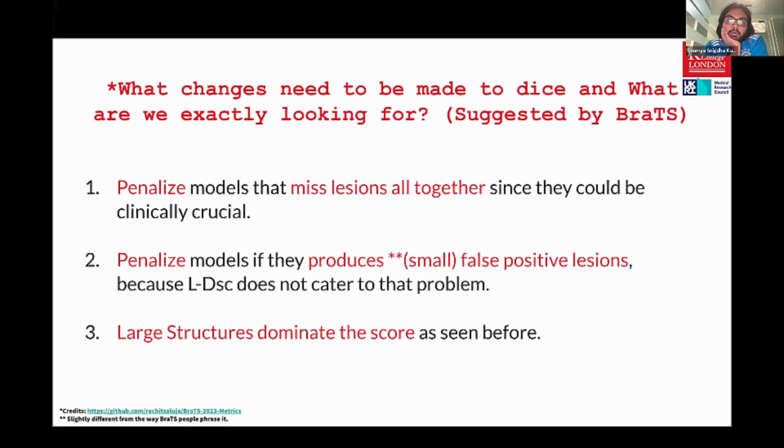What we want to do is penalize the models that miss lesions altogether, which is not really finely ingrained into the dice metric, or the loss, as we'll see, and then penalize the models if they bring up smaller false positive lesions. And as we saw, the large structure dominates the score as well. So we wanted to come up with a solution to all of them.